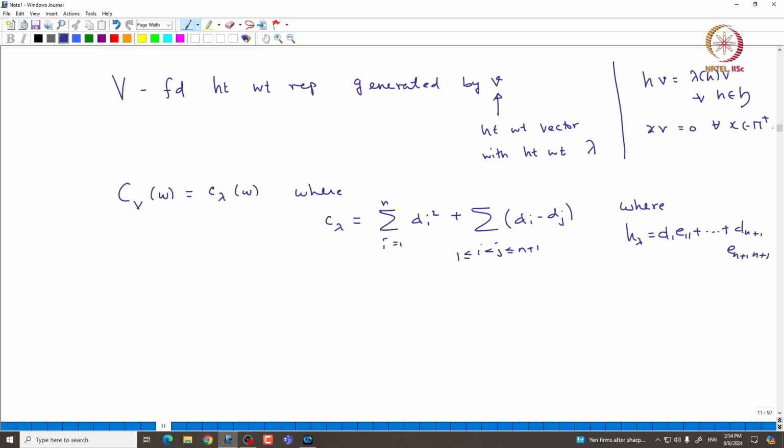So, we have this very explicit formula for the scalar.